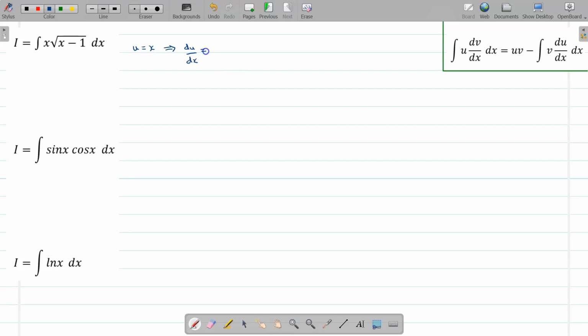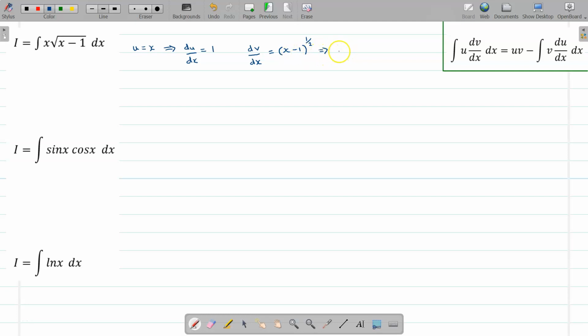Okay, and then I say let dv by dx equal the other part of the product, which is x minus 1 to the half. I'm going to write it like that. Now you've got to find what v is by integrating that.